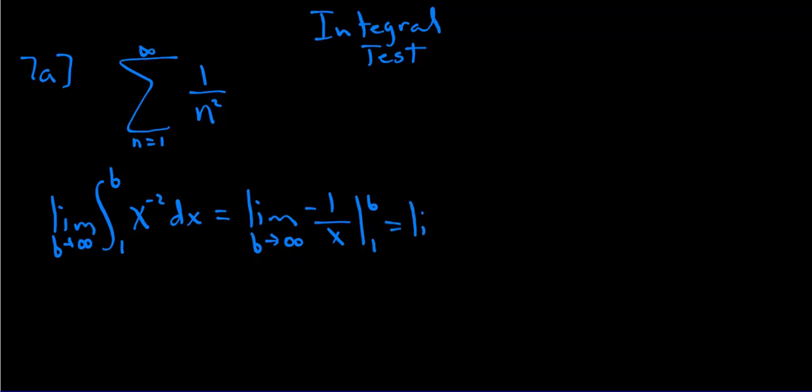And of course, this is the limit as b goes to infinity of negative 1 over b minus negative 1 over 1. Well, this goes to 0, and this is going to be 1. Converges. Therefore, this converges by the integral test.